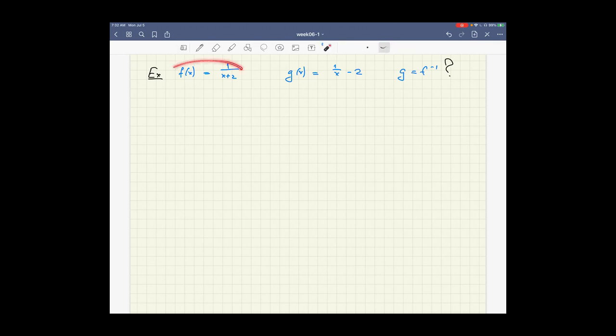So in particular, function f is defined for all those real x for which x plus 2 is not 0 because x plus 2 is the denominator.